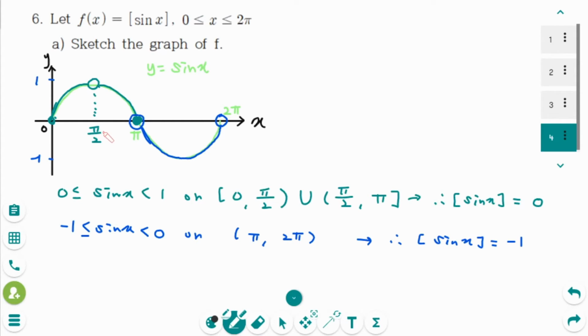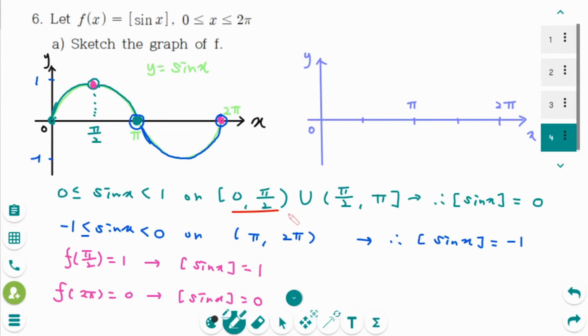And when x equals pi over 2 here, then the y value equals 1. Therefore, greatest integer function sine x equals 1. And the last one, 2 pi. When x equals 2 pi, the y value equals 0. So that time, greatest integer function sine x equals 0.